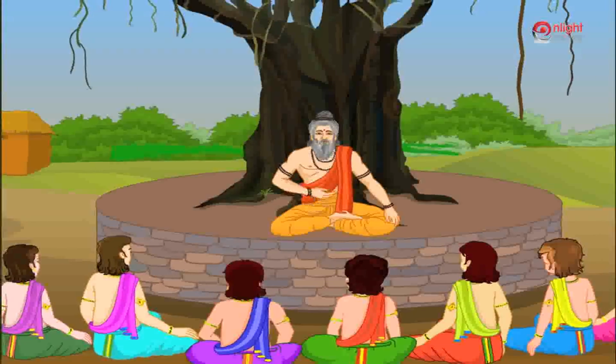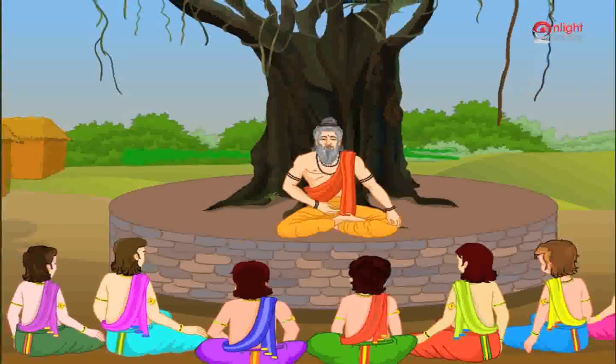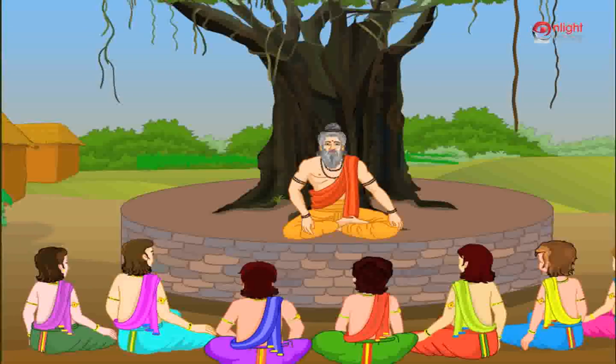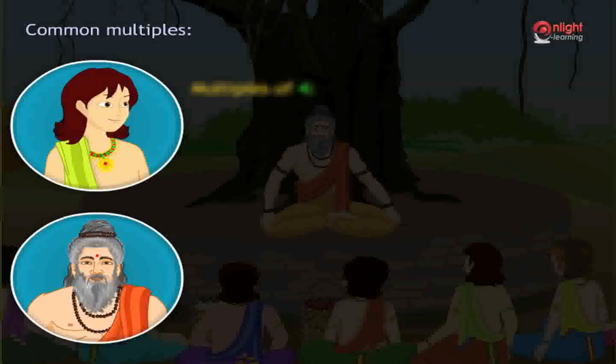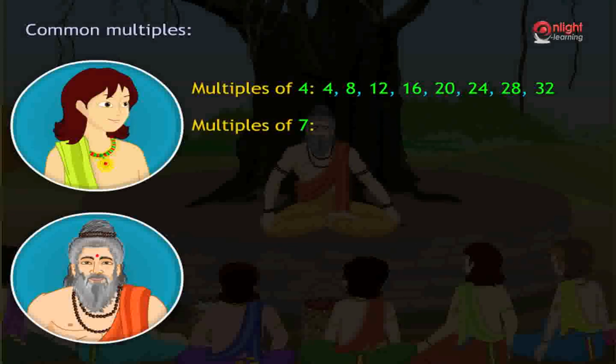Now consider any two different numbers, say 4 and 7. List the first 8 multiples of 4. The first 8 multiples of 4 are 4, 8, 12, 16, 20, 24, 28 and 32. Now what are the first 8 multiples of 7?